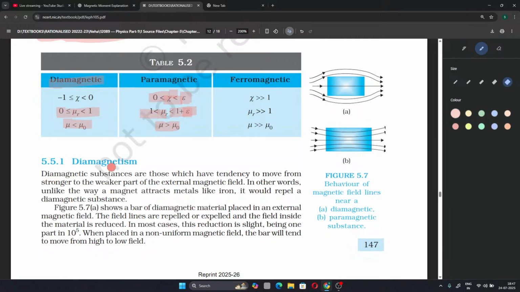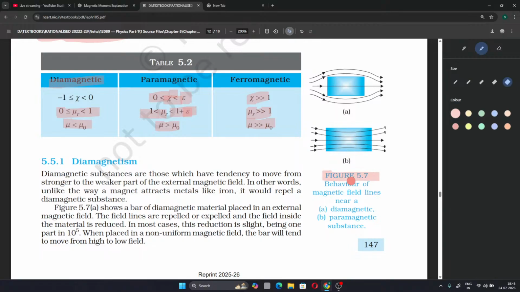So the permeability of the medium is greater than the permeability of air. For ferromagnetic, chi is much greater than 1, mu r is greater than 1, and mu is greater than mu naught.